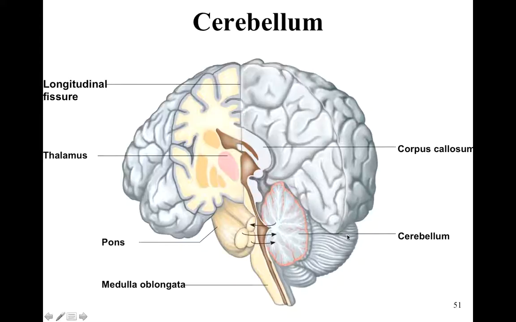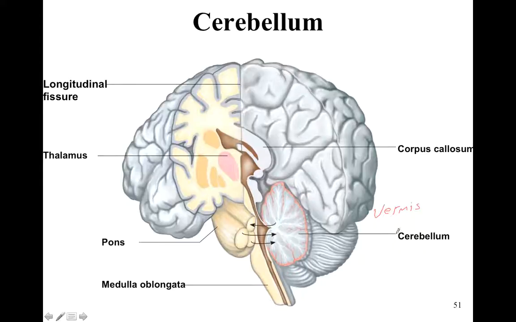And connecting the hemispheres is something called the vermis. So just like the corpus callosum connects the two hemispheres of the cerebrum, the vermis connects the two hemispheres of the cerebellum.